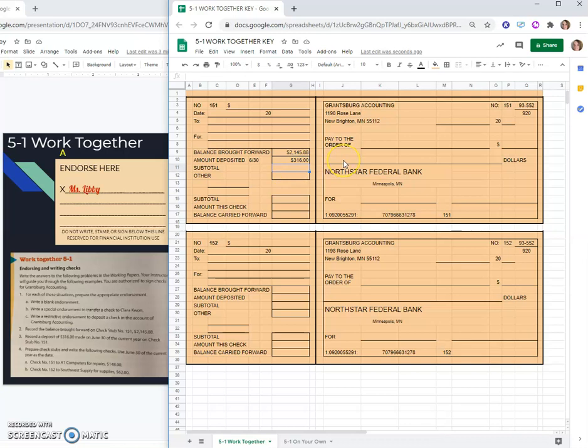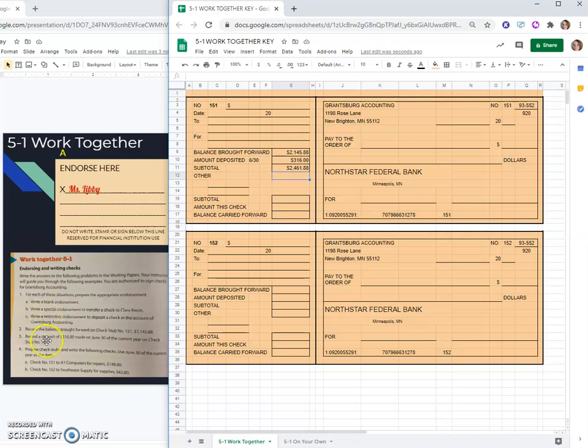I could either add those manually, or I could say equals this cell plus, and then click on the 316, and it would add it for me, so $2,461.88. So we went ahead and did that.